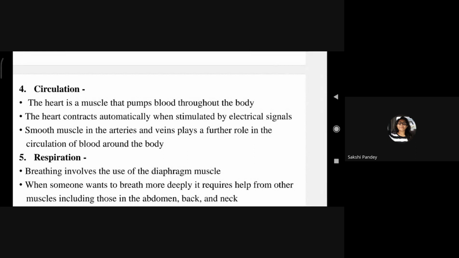Means our skeletal muscles are creating the force, and they are helping the blood vessels to carry the blood forward.